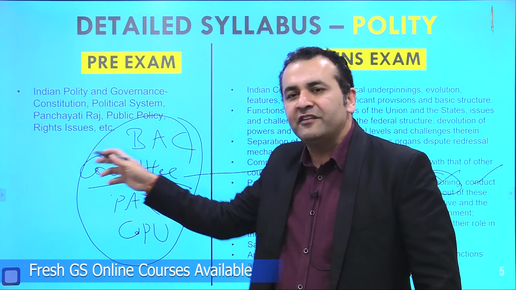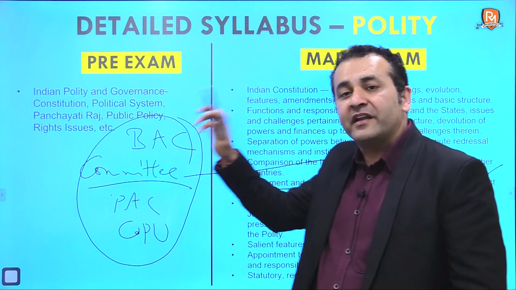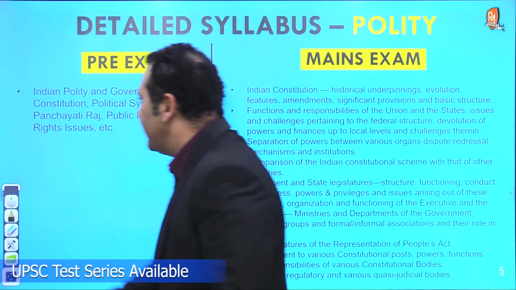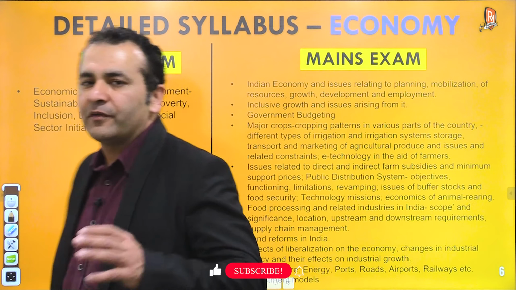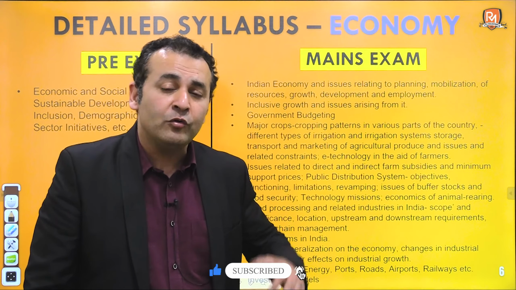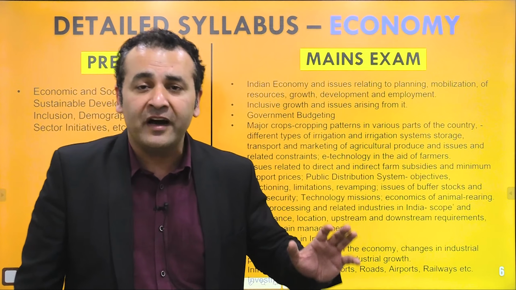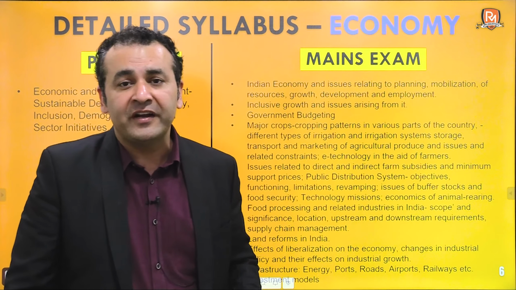By doing only the things in pre, you may never understand what the core syllabus is and to what extent they can ask questions in the pre exam. So once again I will try to make you understand that emphasizing mains from the very start is very important. Then what is more important is to understand how far this syllabus can stretch and how far you have to dig deep and get the related information in one place.